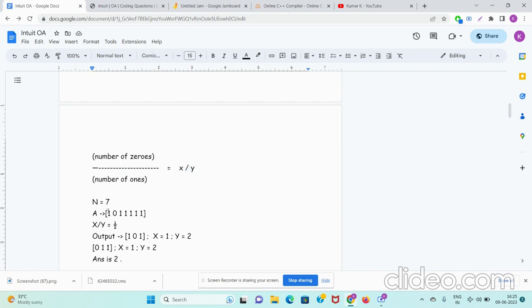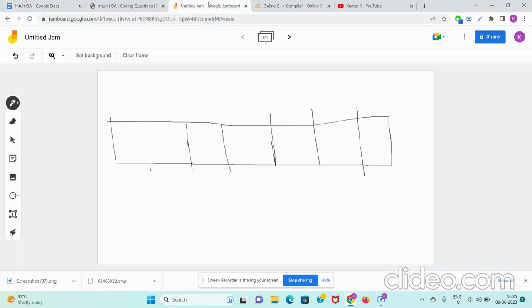So let's take this example: 1 0 1 1 1 1 1. Now we have to find the subarrays such that the number of zeros divided by the number of ones, x by y, should be equal to 1 by 2.